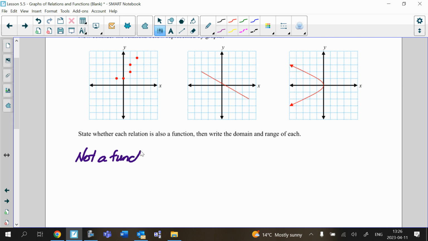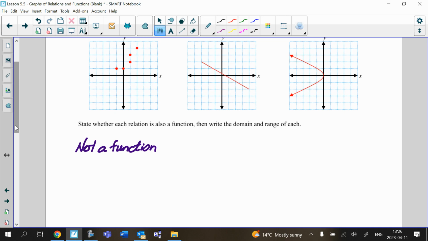And to write the domain, go through all the x's. What were all the x's we listed? -1, 0, 1, and 2. The range is all the y values.